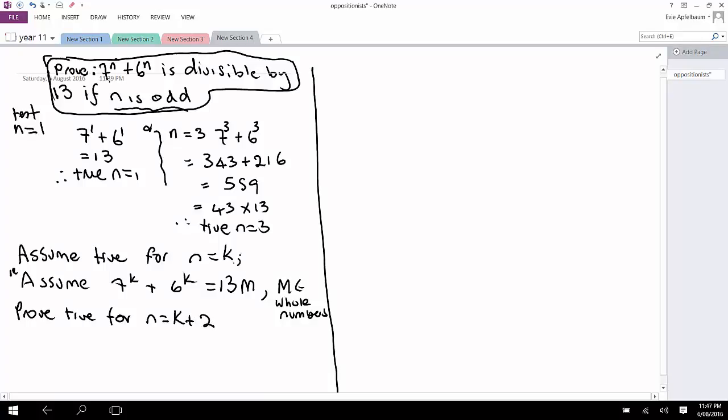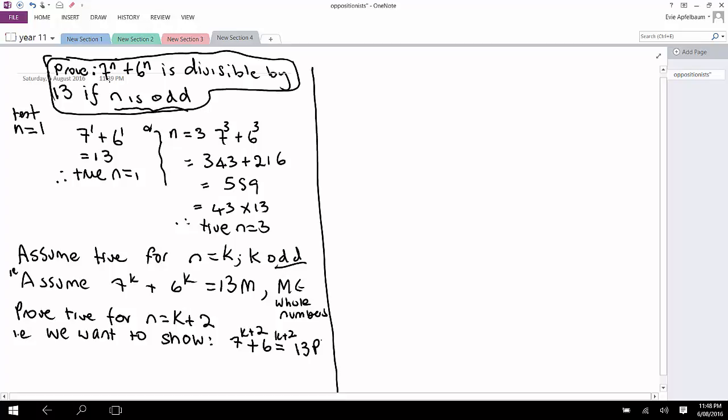Because we're assuming, of course, that this is some odd number, and the next odd number is 2 along, and you'll find if you made the mistake of putting in the k plus 1, you could not work out the algebra and simplify to 13 times a number. i.e., we want to show that 7 to the k plus 2 plus 6 to the k plus 2 is going to be 13 times some whole number.